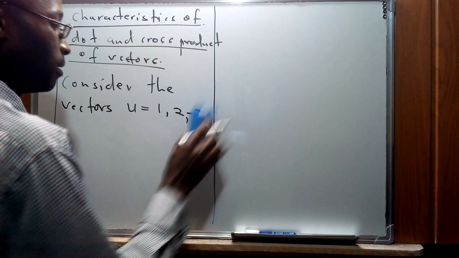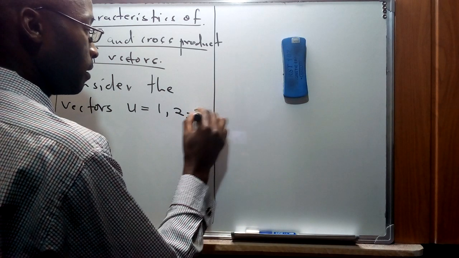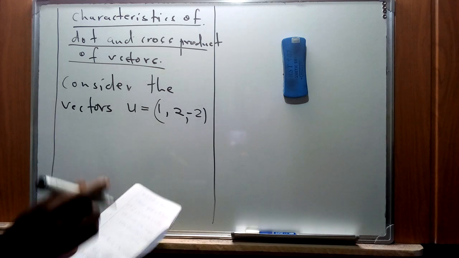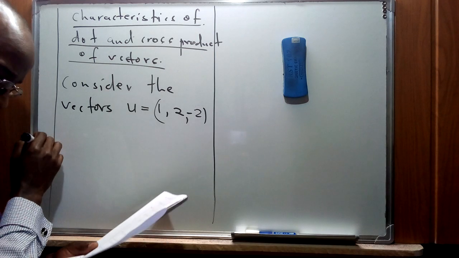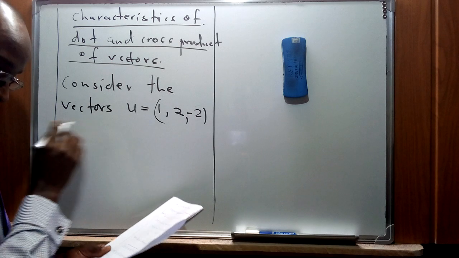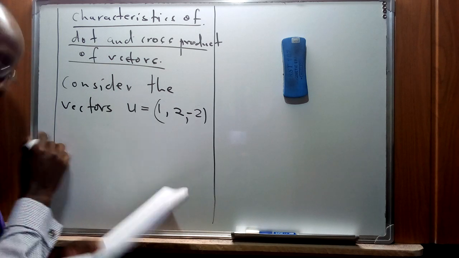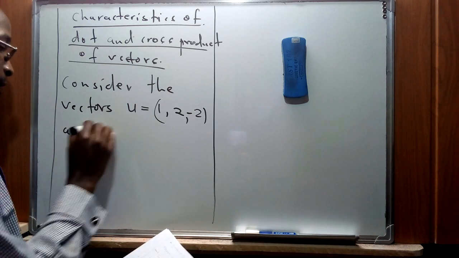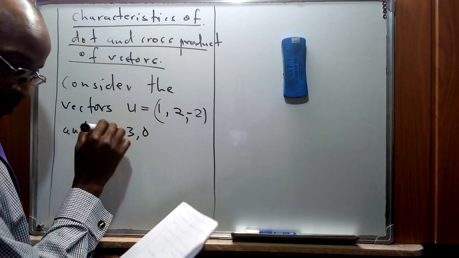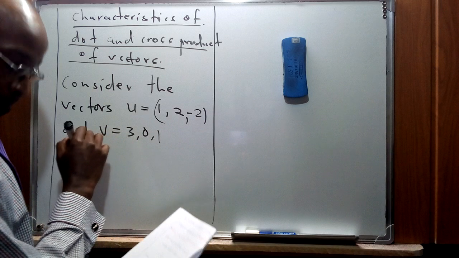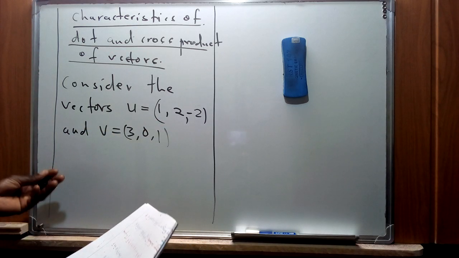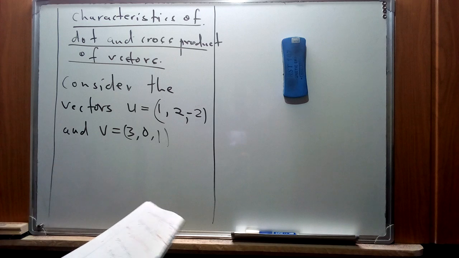These are the specific values for this vector in three-dimensional space. And then we have v, given as (3, 0, 1).